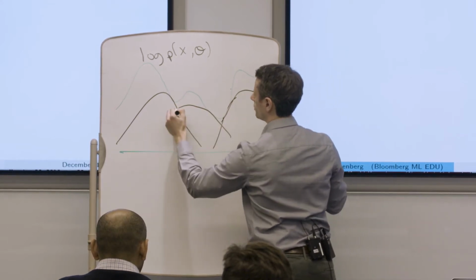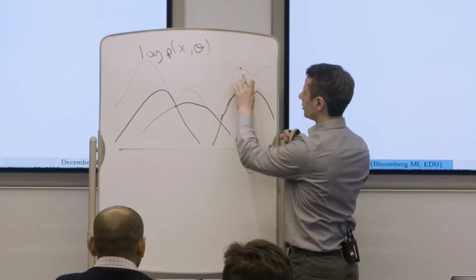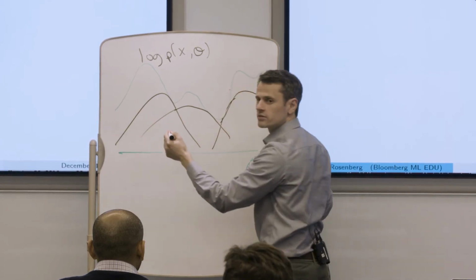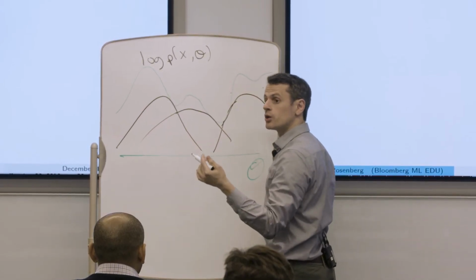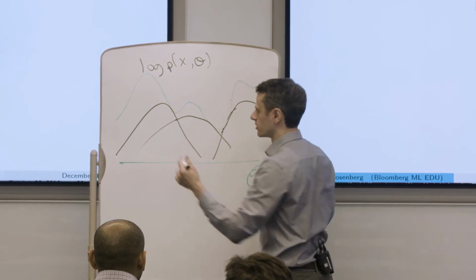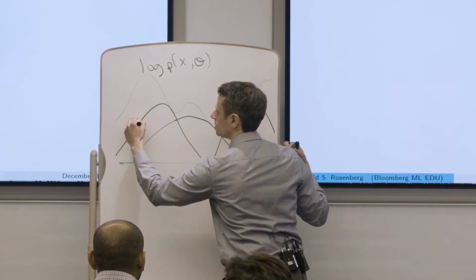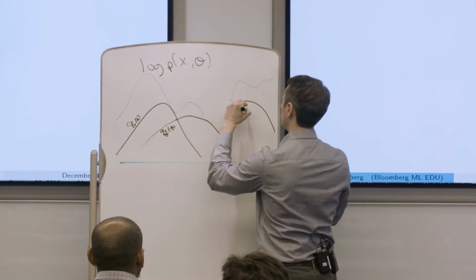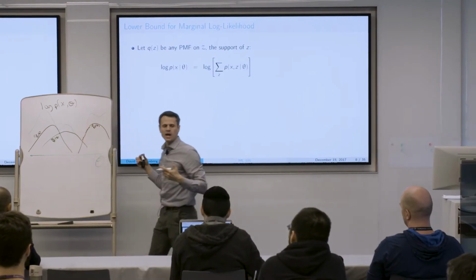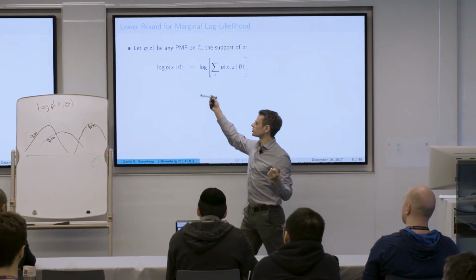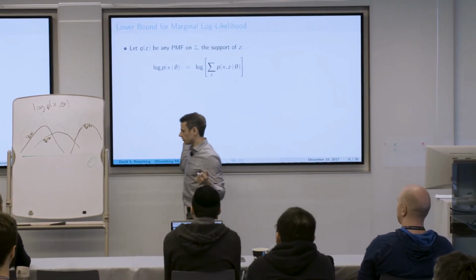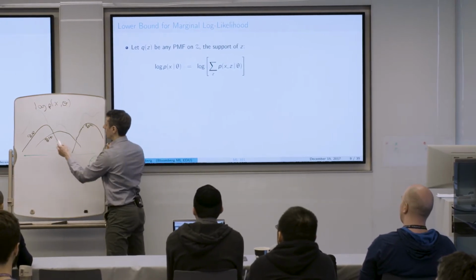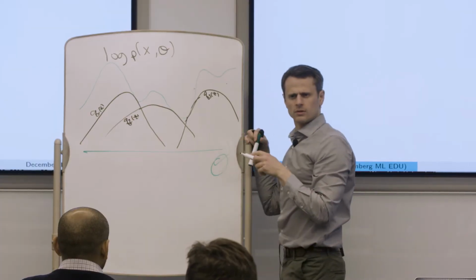I don't know what they're going to look like, but every single one of these is going to look like a function that lower bounds the one we actually want to maximize. And each one of these is going to be derived through some choice of a Q, a distribution on Z. So this might correspond to q1 of z, this would correspond to q2 of z, q3 of z. So this is why this new object, this distribution on Z, enters the picture. Because in a moment, we're going to show how for each distribution Q, we're going to be able to get a lower bound on this function. Is that kind of clear?